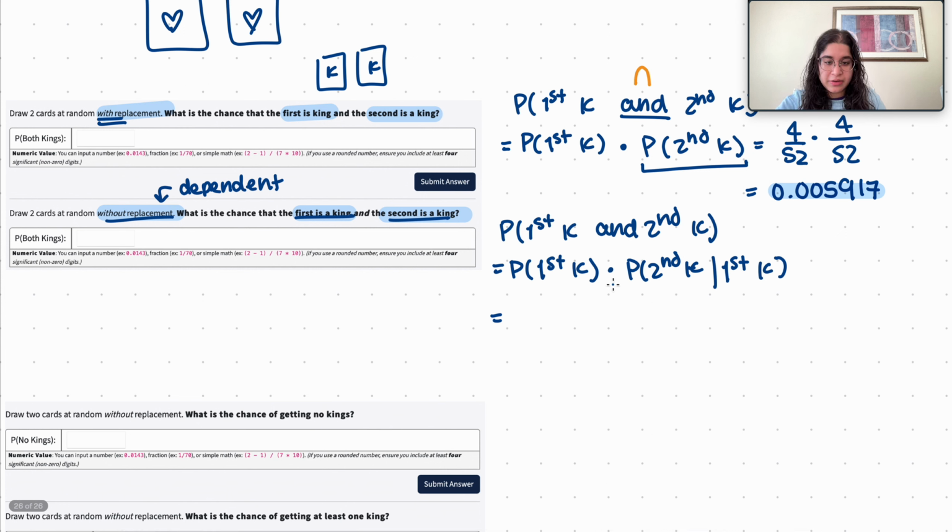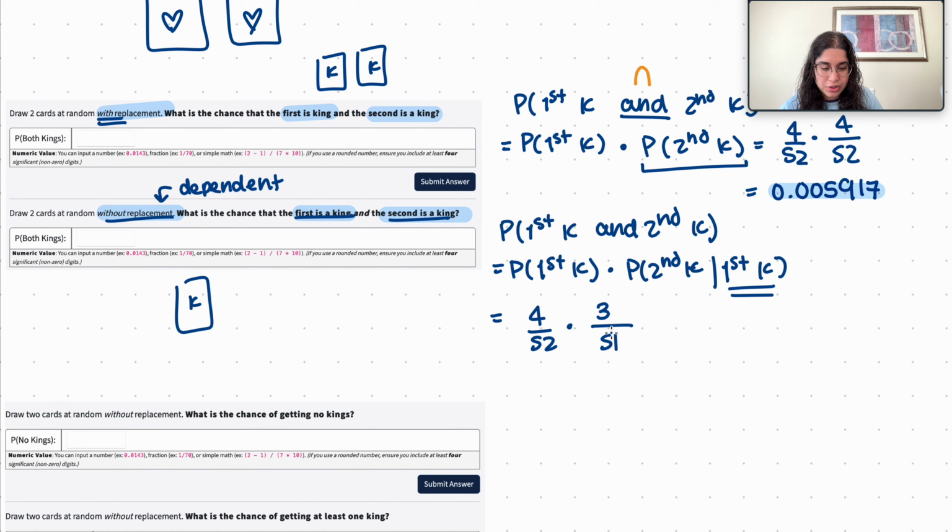So for these probabilities, the probability that the first card is a king is still going to be 4 out of 52. And the probability that the second card is a king, given the first one you picked was a king, is now out of 51, because the first card we picked was a king and it was without replacement.